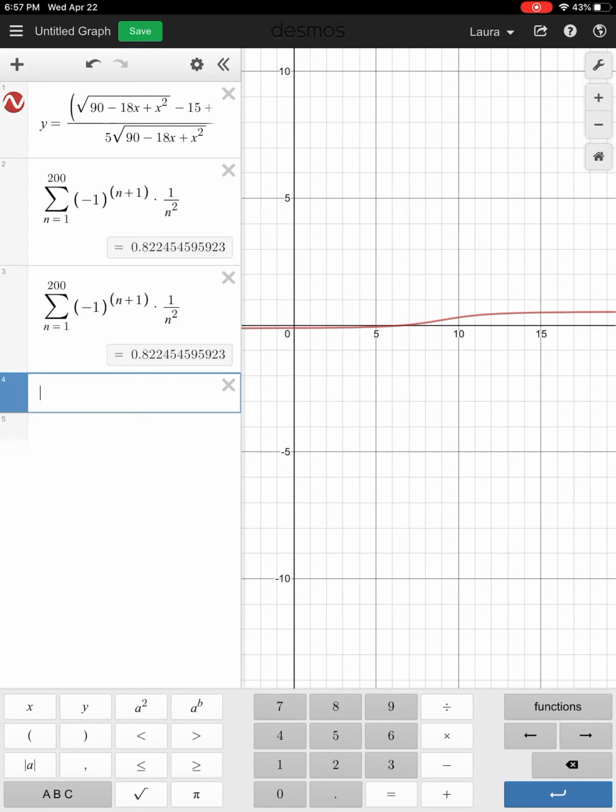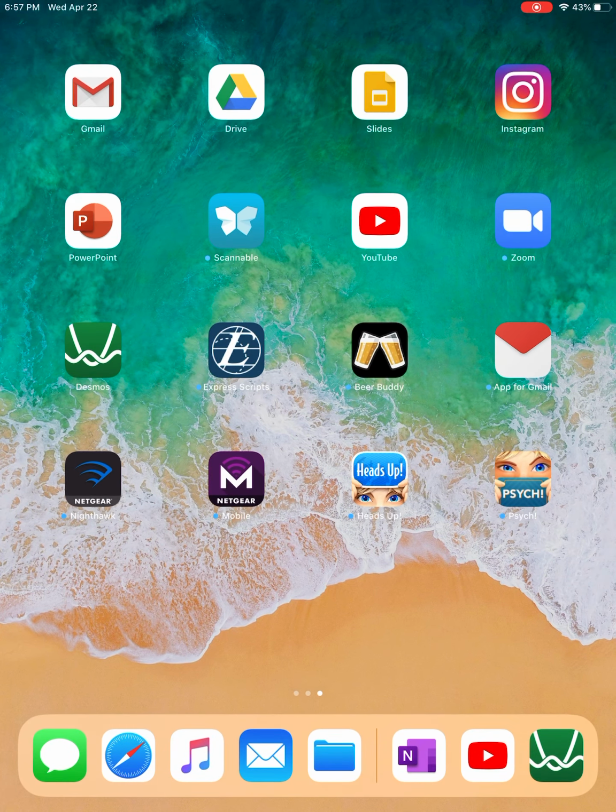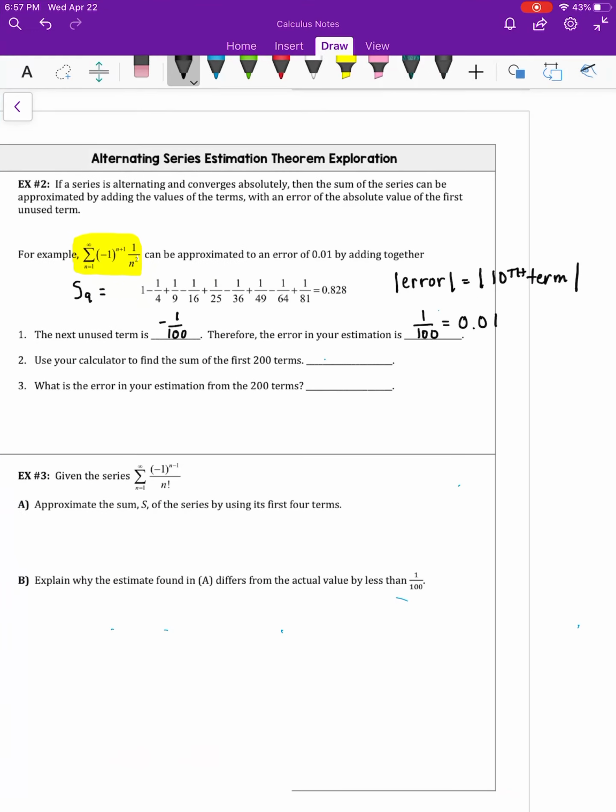And then I need to do times, and then we'll do 1 divided by n squared. And notice that before I even hit return, it already gave me that answer. 0.8224545959923.